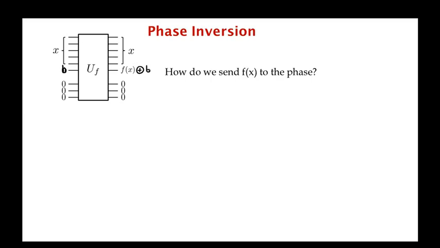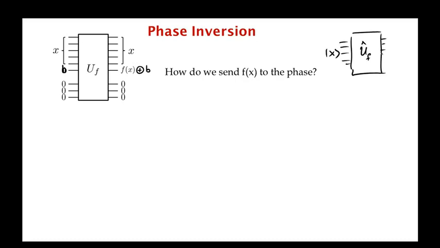So now what we'd like to do is, instead of getting the output bit, what we want this circuit to do in effect for us is map x. So this is what our ideal circuit does for us.